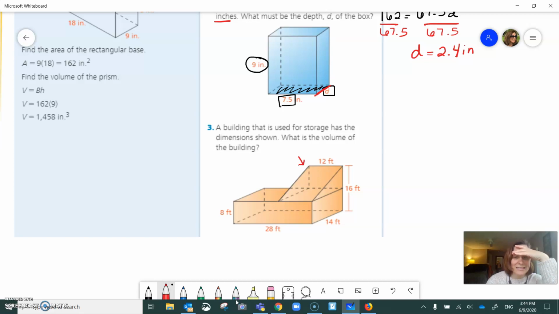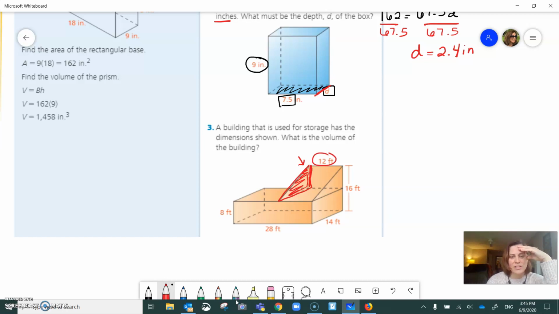So that is a triangular prism. The bases are both triangles, and the sides are rectangles. So what I'm going to do is find the area of one of these triangles, and then that one triangle is going to repeat itself 12 times to totally fill this whole thing.